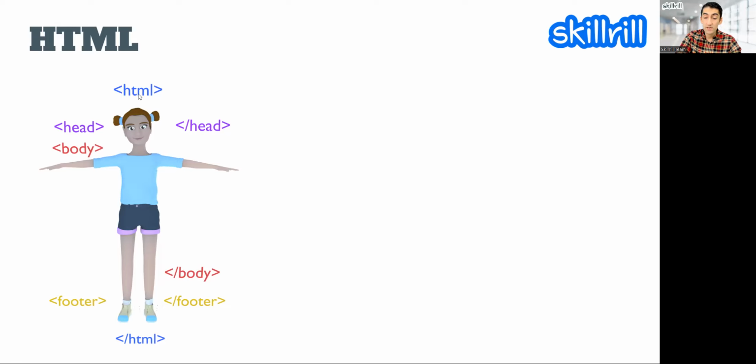This is called an HTML tag, the overall parent tag for everything else. Within the HTML tag, you have the head and the body. Most of the content that you see on the page goes within the body tag.